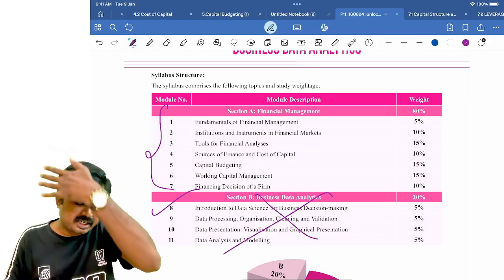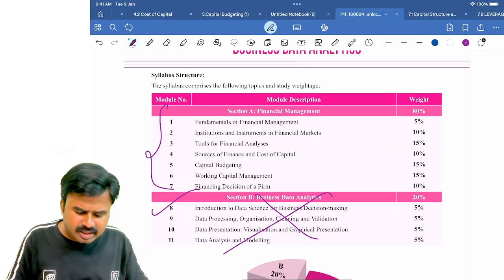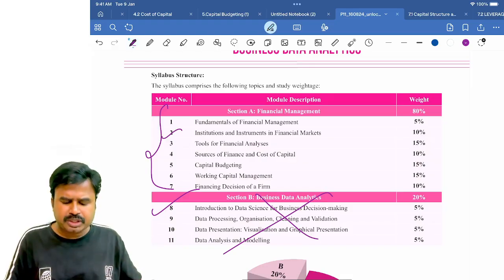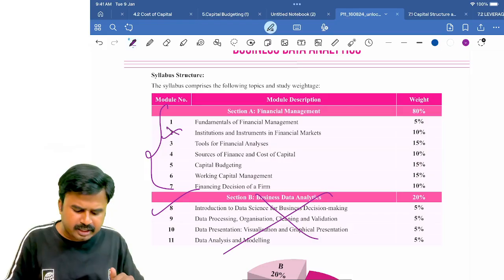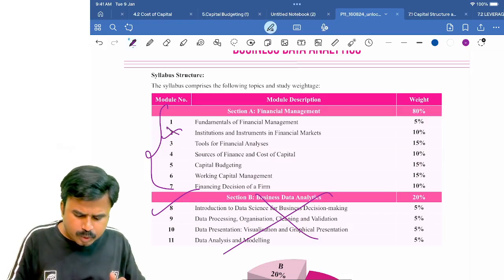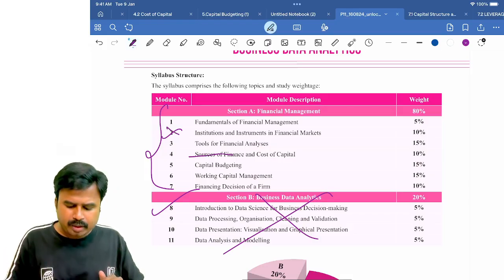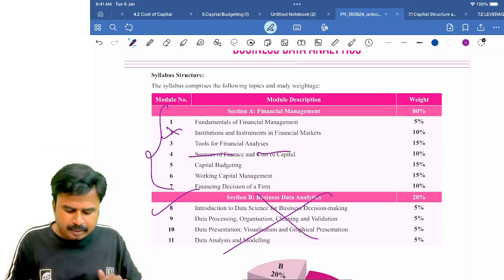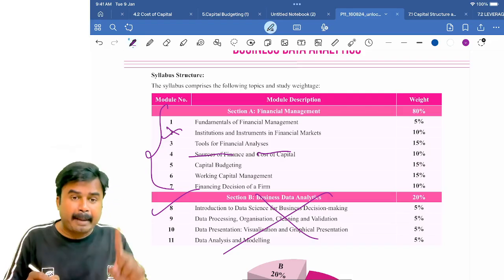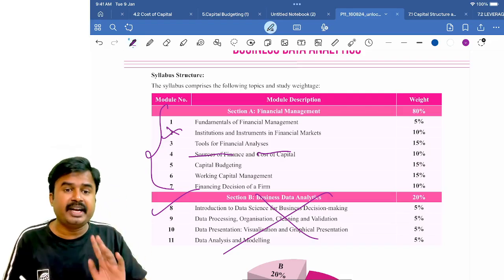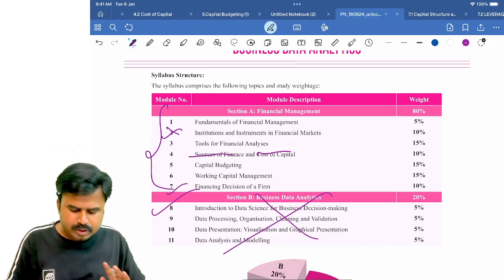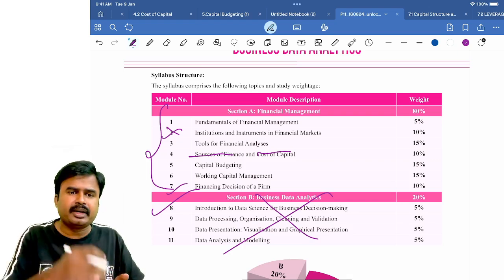You don't need to cover such theory parts, I mean scope and objectives of financial management. You don't need to cover institutions and instruments in financial markets. And you don't need to cover sources of finance. Literally you can ignore that. You can even ignore cost of capital, capital structure in financing decisions, and dividend decisions, because out of financing decisions you are just covering leverages only.